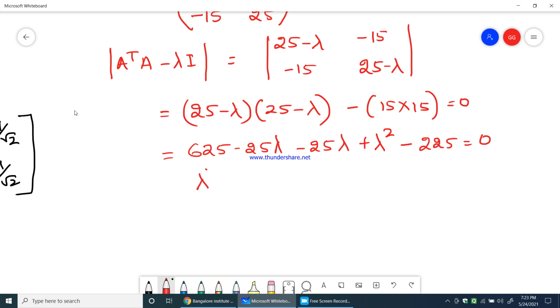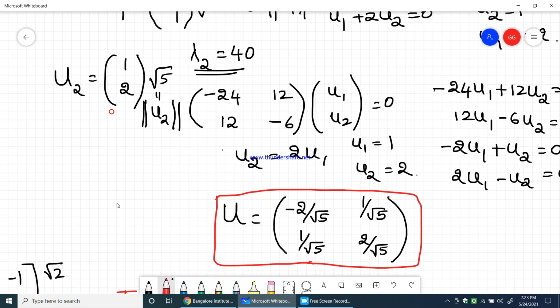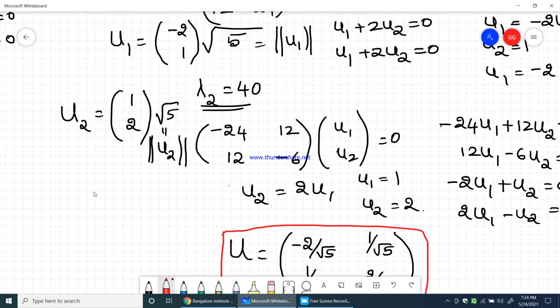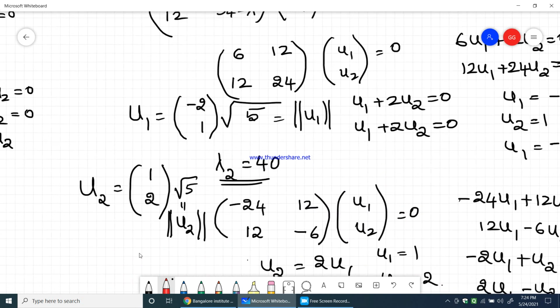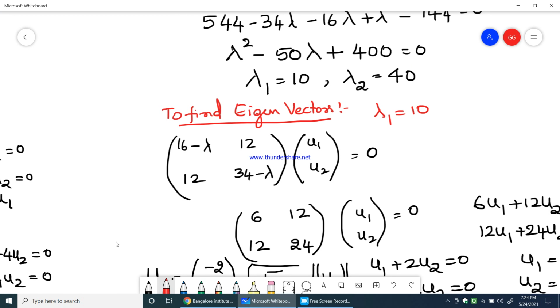So this is lambda square minus 50 lambda plus 625 minus 225, and 625 minus 225 is 400, equals 0. Now if you look back at the roots that we got for U, you will end up getting the same roots for V. Lambda square minus 50 lambda plus 400.